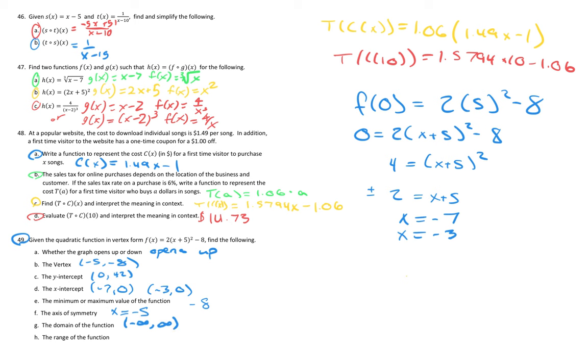For the range, we know our minimum is -8, and no matter what we plug in here, we get a big number going toward infinity. So our range is [-8, infinity). We include -8 because the vertex is a point on the graph, so we use a bracket to show it's included.